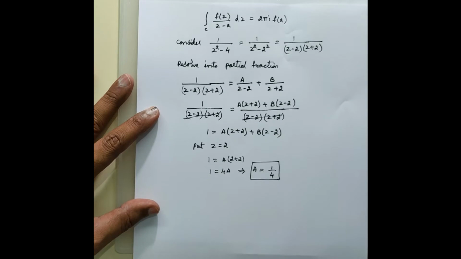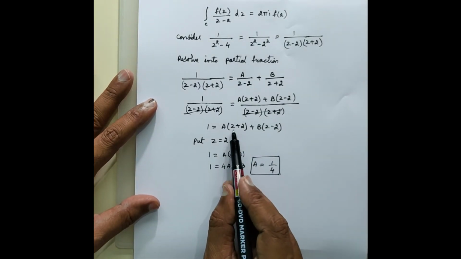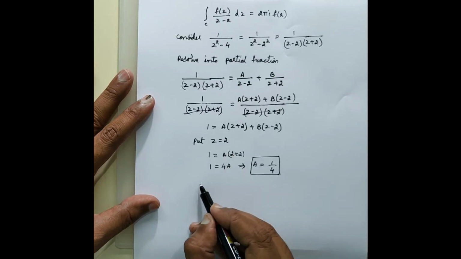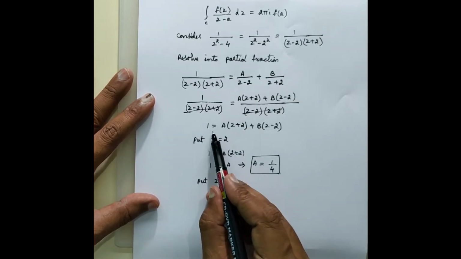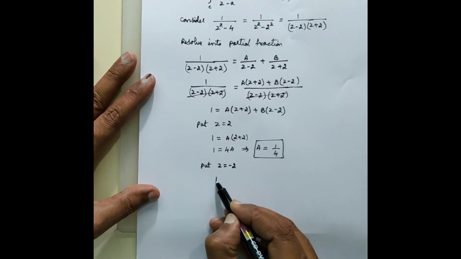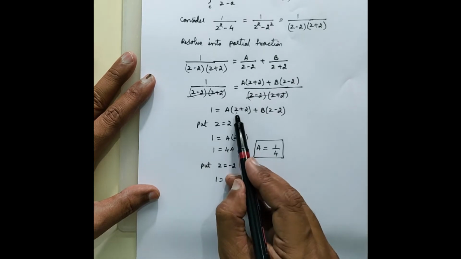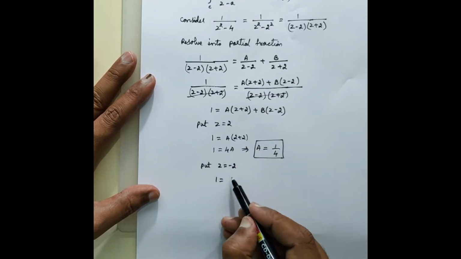Now to get the value of b, you have to put the value of z equal to minus 2. So minus 2 plus 2 will become 0 for the first term. So put z as minus 2. You get 1 is equal to, the first term will become 0, so the entire term will become 0.